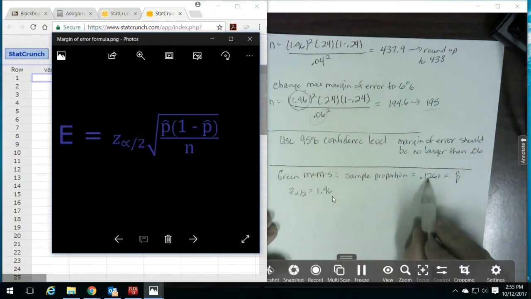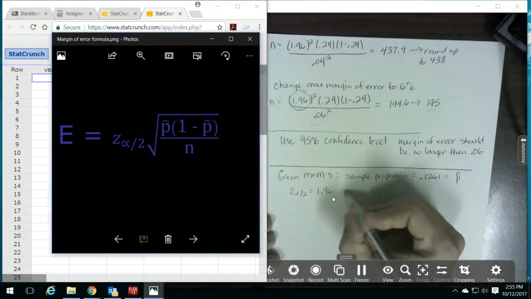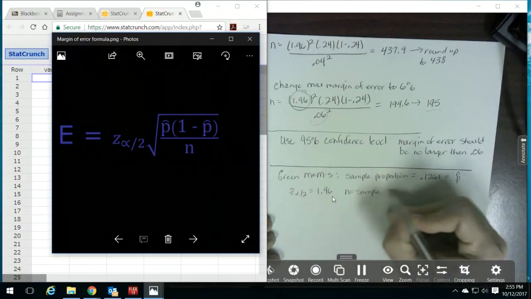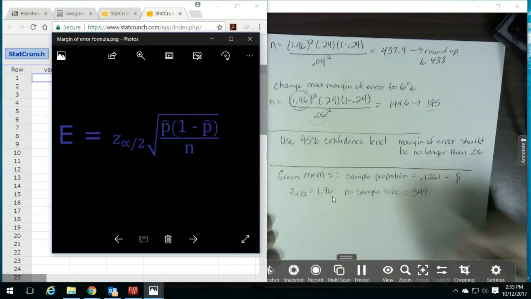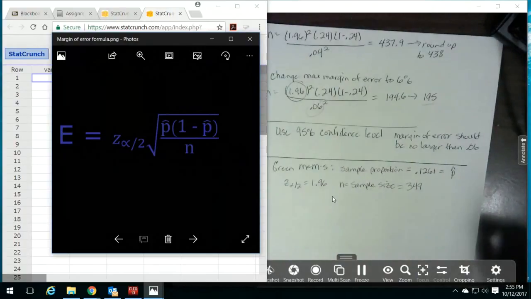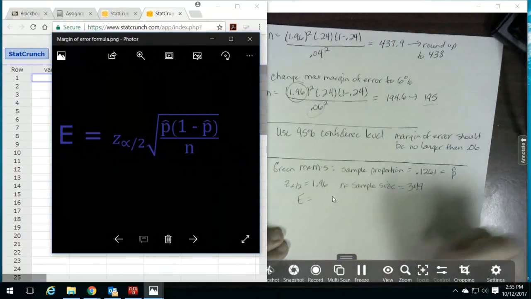So my p hat is coming from my sample, and then my sample size is the n. In my case, that was 349. So all I'm going to do is plug these things into this formula and get my calculated margin of error.